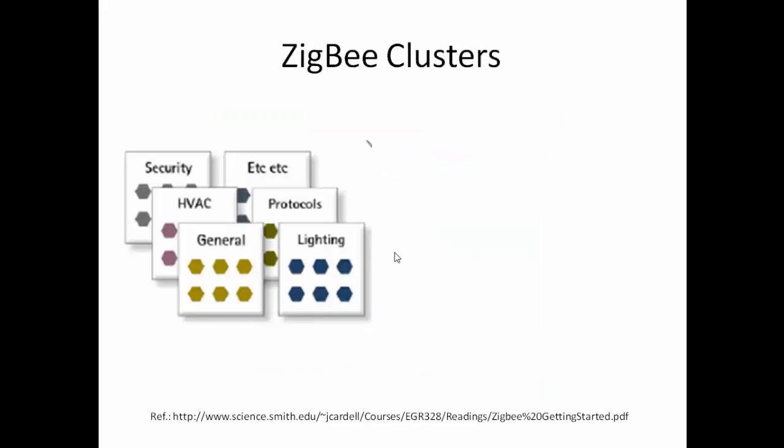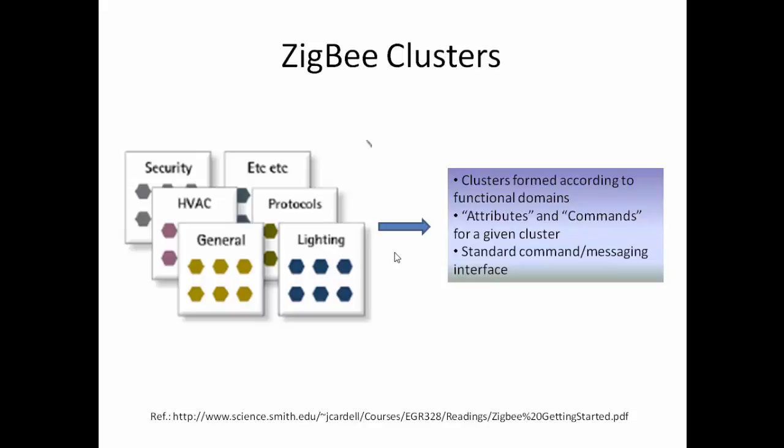Now, what are these clusters? Depending on the functional domain, ZigBee defines different clusters, for example lighting, HVAC, security, protocols, etc. For lighting, there can be on-off functionality, color functionality or intensity functionality.